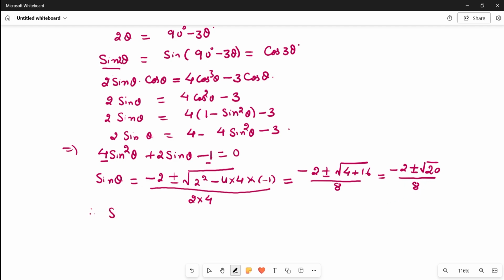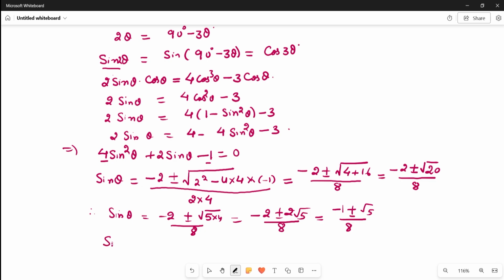Therefore sine theta is equal to minus 2 plus minus, 20 can be written as 5 into 4, upon 8, which is equal to minus 2 plus minus 2 root 5 upon 8, which is minus 1 plus minus root 5 upon 4. Therefore sine theta has two values.